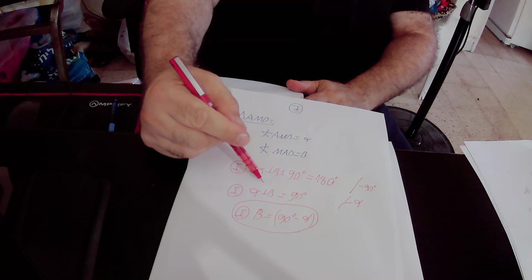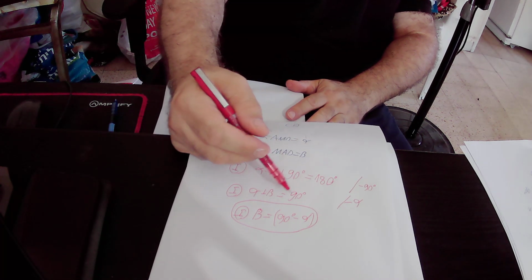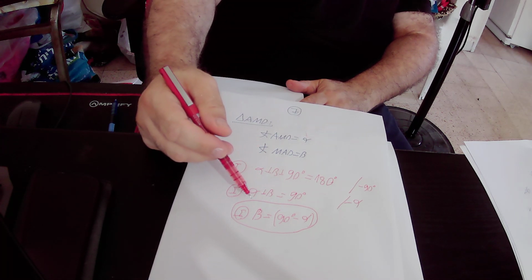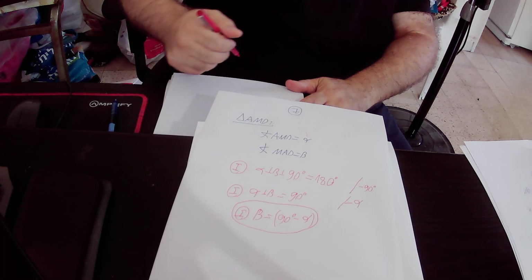Alpha plus beta minus alpha equals beta. 90 minus alpha equals 90 minus alpha. So beta equals, according to equation number 1, beta equals 90 degrees minus alpha.